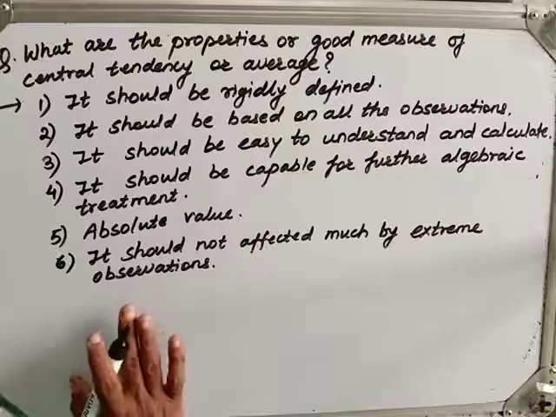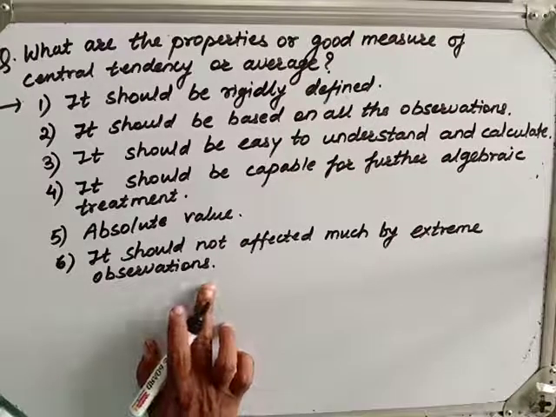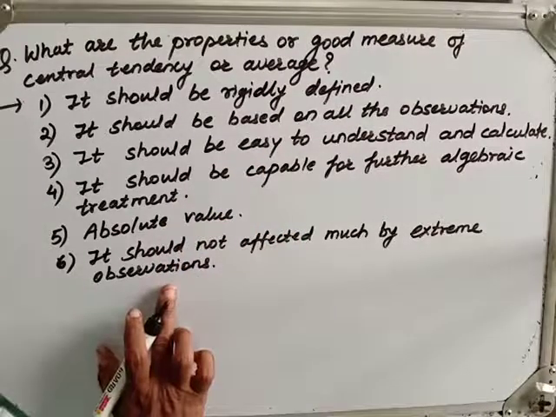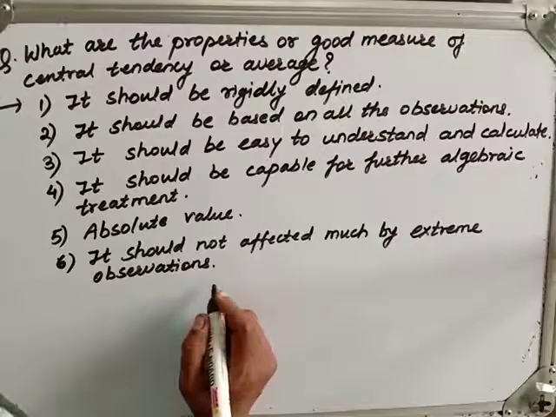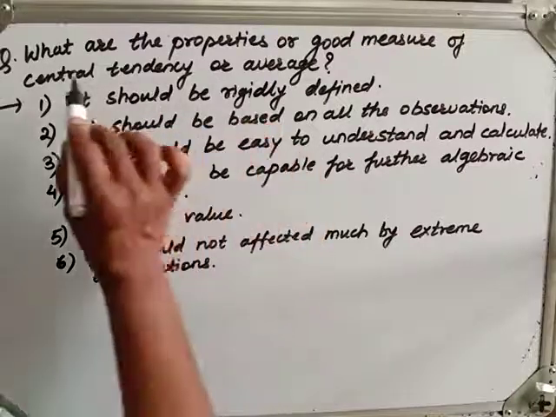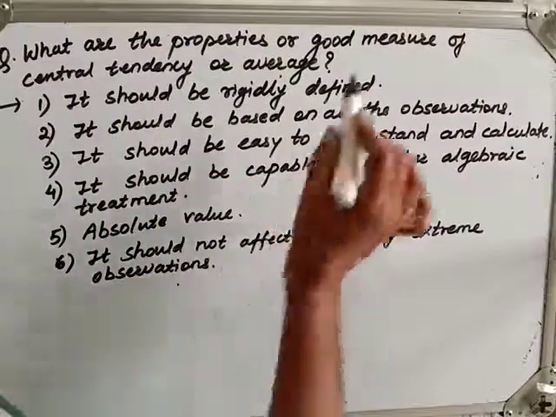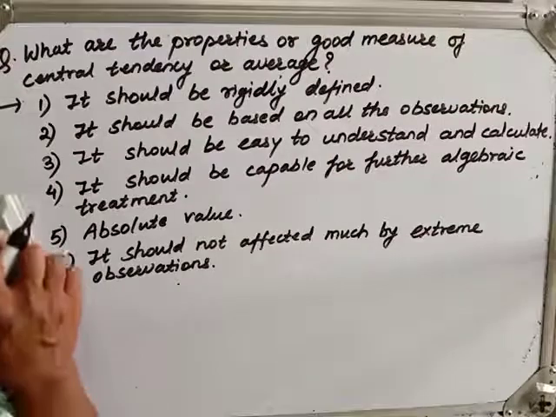Those observations should not affect our average value. That is mentioned here: some small observations or some large observations should not affect the central tendency or average. These are the various properties of a good measure of central tendency or average.